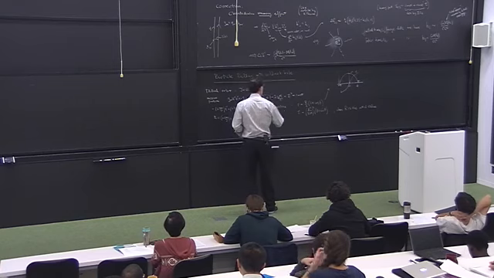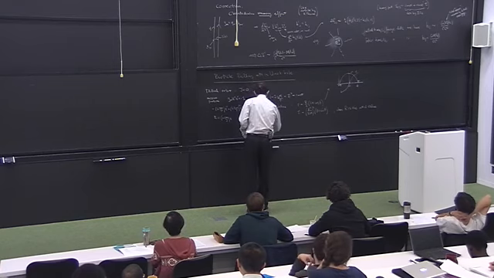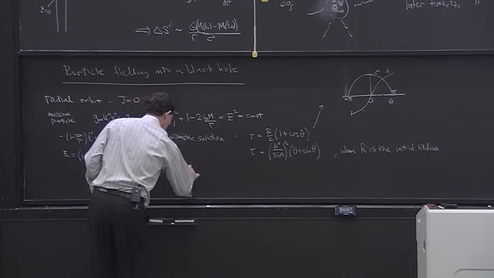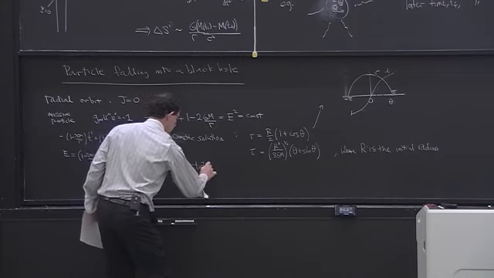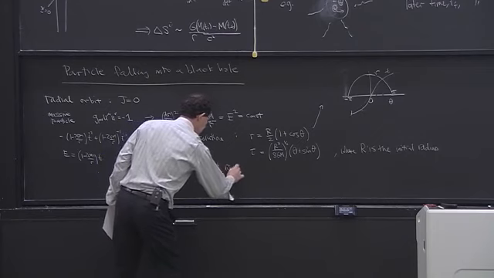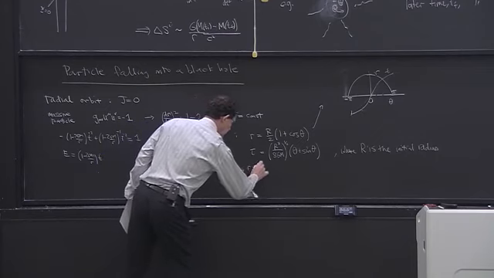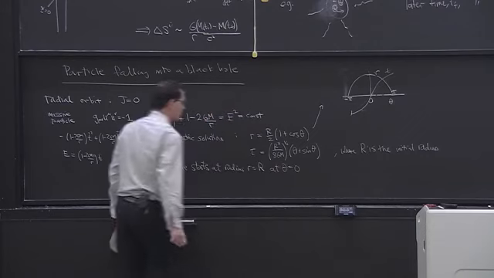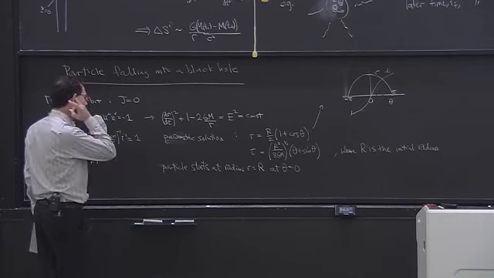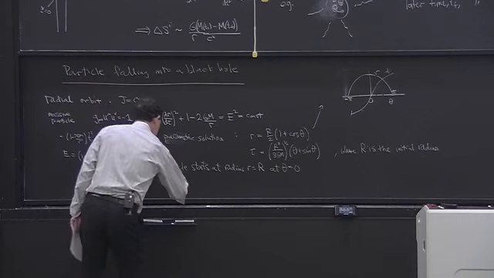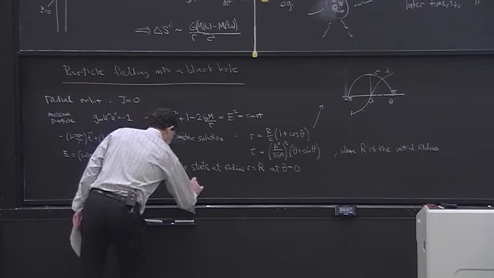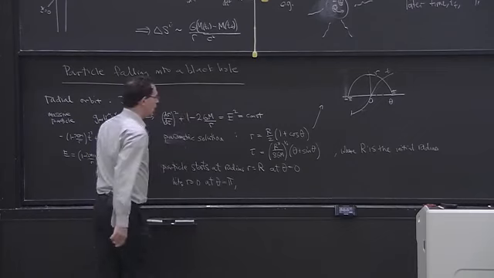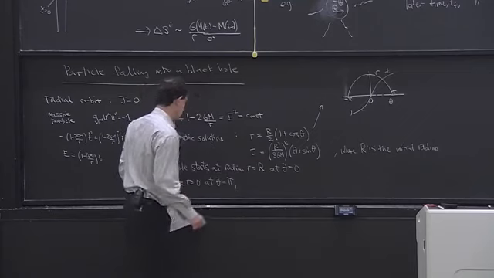In particular, if we start off the particle at radius R equals R at theta equals 0, at what value of theta does it hit 0? It hits R equals 0 at theta equals pi. And then we can just read off what tau is.